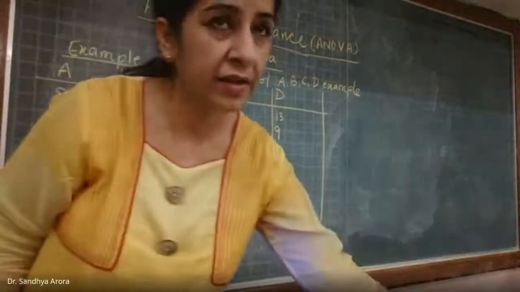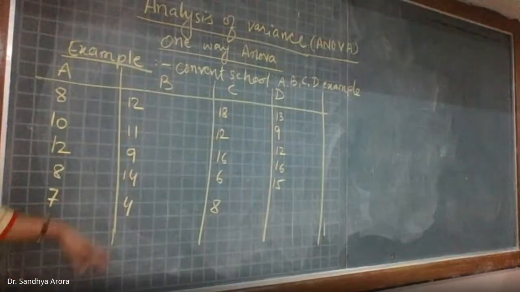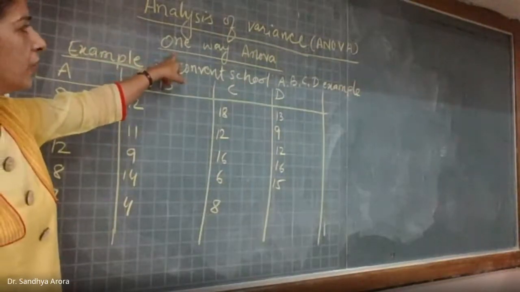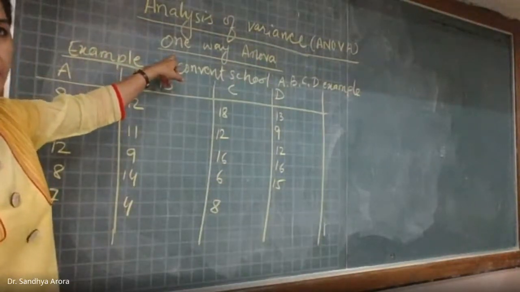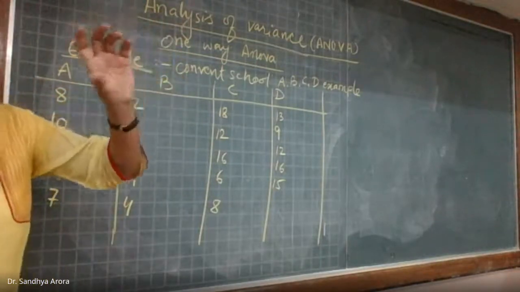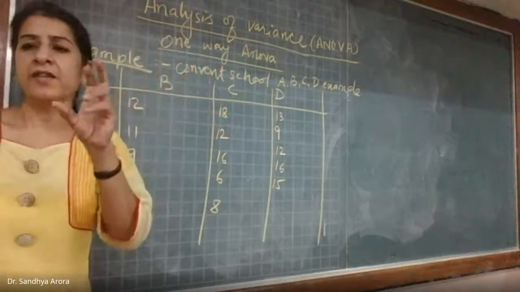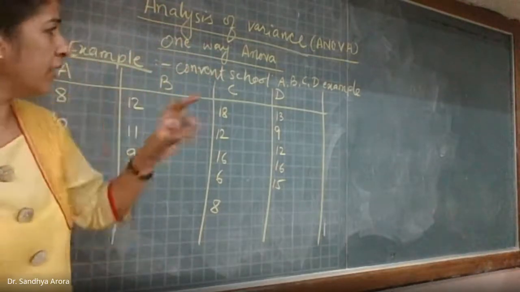We started with analysis of variance, ANOVA, and we talked about how we analyze only one factor of the given data. That is one-way ANOVA. We solved one example of how we can analyze just one factor for the given data.